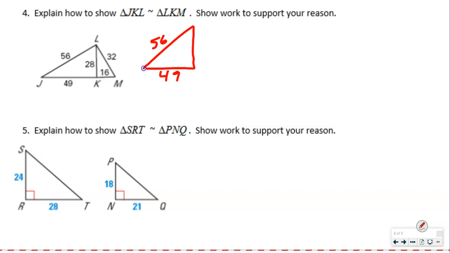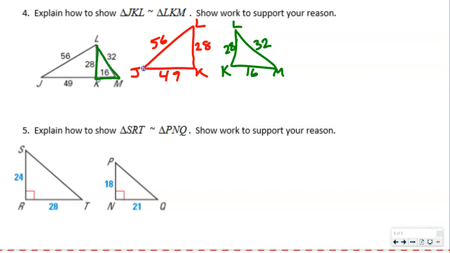So I'll just redraw these. That is J, K, L. And then we've also got LKM. So there's our two triangles. Make sure we remember which ones are which.